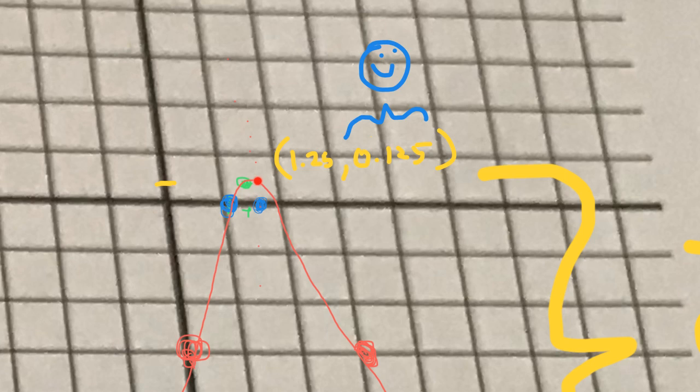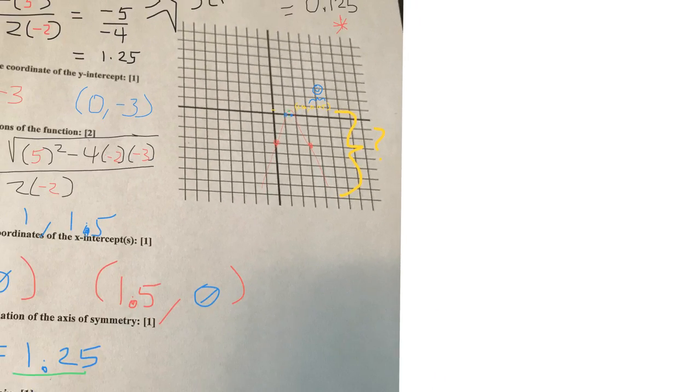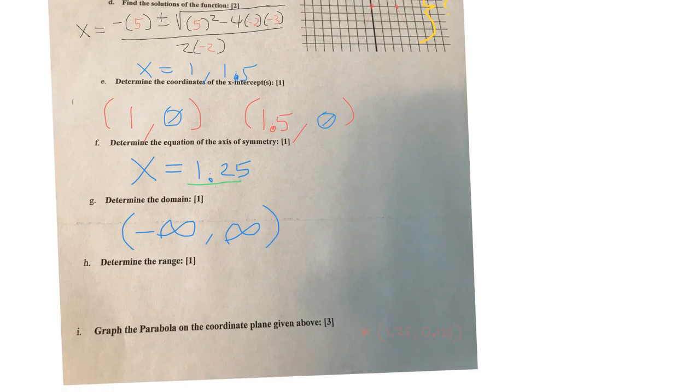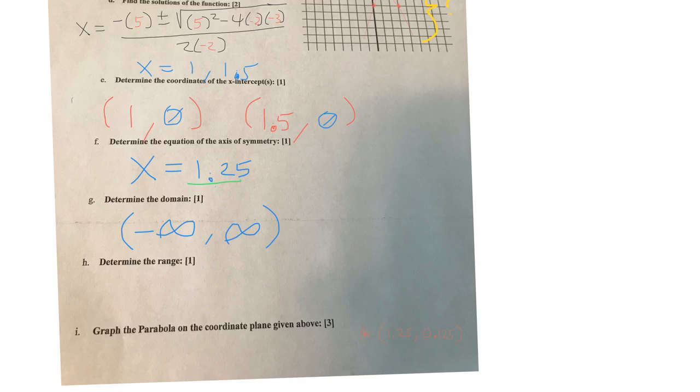And by the way, quick preview, mathematicians call that the maximum. All right, so our range, without question, goes from negative infinity all the way up to 0.125. That's it. And then we already did this as well. So that's that one.